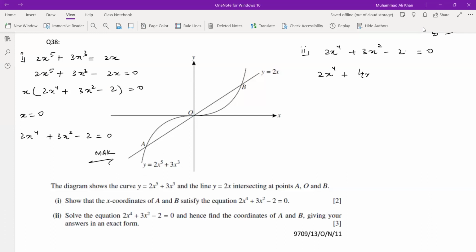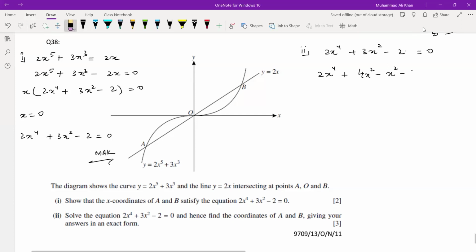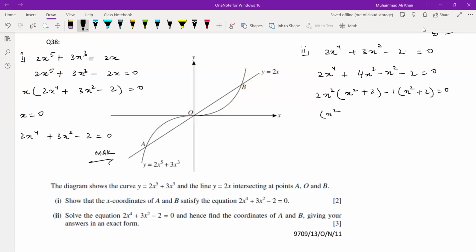It will be 4x squared minus x squared minus 2 equals 0. Yes, correct. 2x squared common, so it will be (x squared plus 2), and here minus 1 common, (x squared plus 2) equals 0. x squared plus 2 is common.